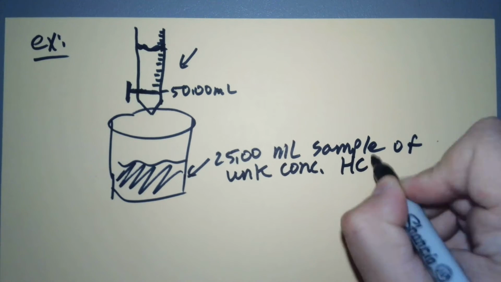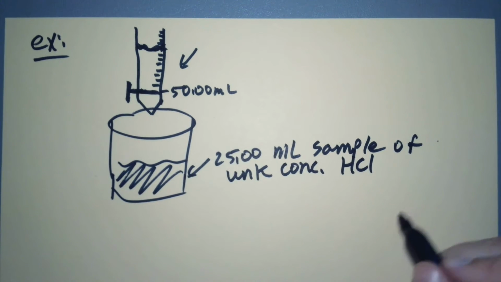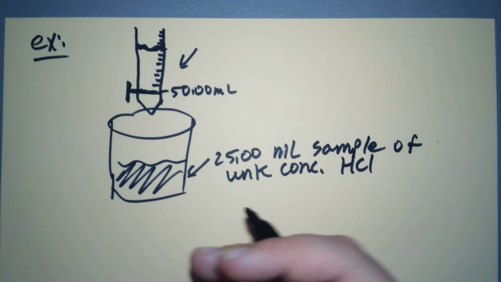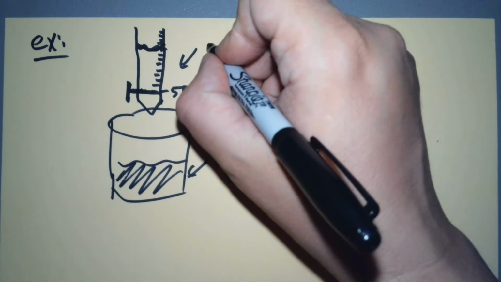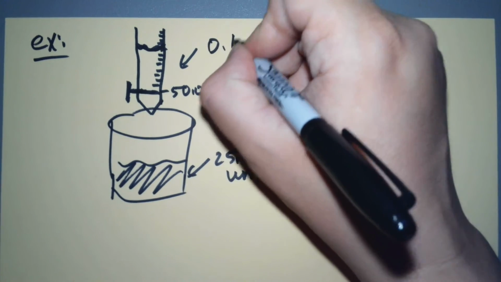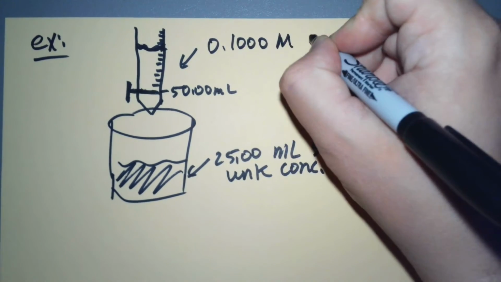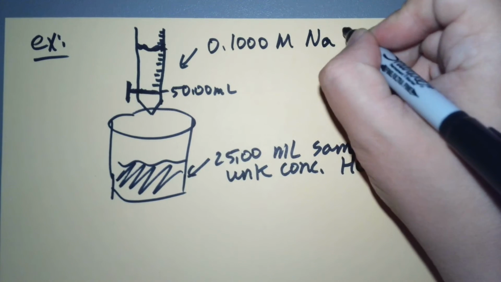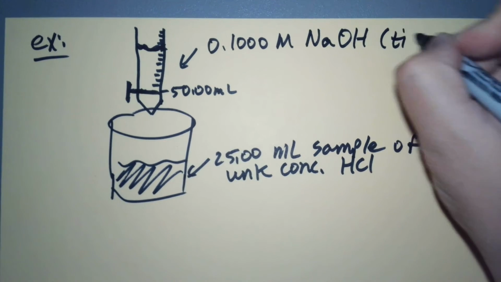And it's an unknown concentration of HCl. So we have an HCl solution. We don't know the molarity. We're going to figure it out. We do know in our burette we have 0.1000 molar sodium hydroxide. That's our titrant.